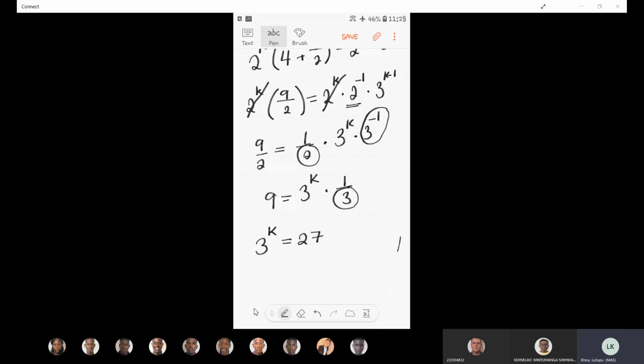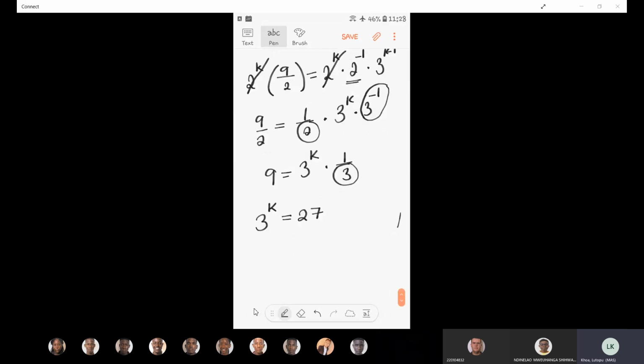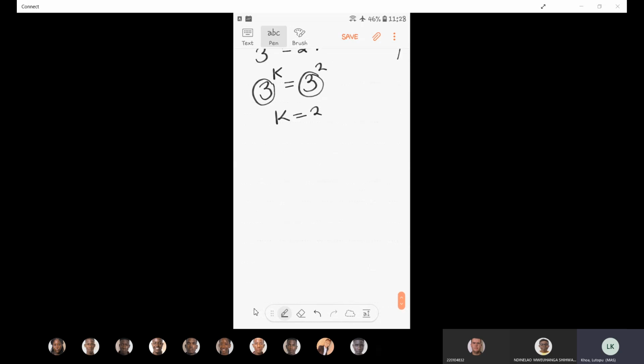This is 27. And I rewrite 27 as 3 to the power of 3. So 3 to the power of k is equal to 3 to the power of 3. My bases are the same, so it means that k is equal to 2. Then again, very important, check your solutions. Make sure it satisfies the given equation. Then you'll know if you are right or not.